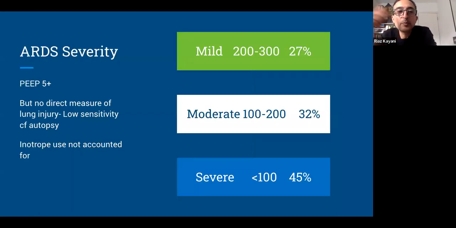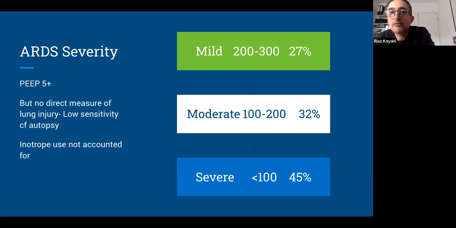But the Berlin definitions of ARDS are not based on OI; they're based on PF ratios. I'm going to try to decode the terminology. Essentially what it means is that if you set a standard PEEP, in other words, more than 5, the ratio of the oxygen in the blood divided by what you're actually giving, in other words, how much actually is getting to the bloodstream, defines how severe that ARDS is.